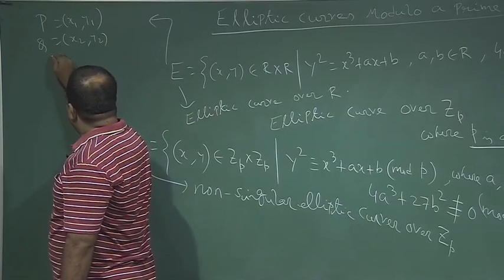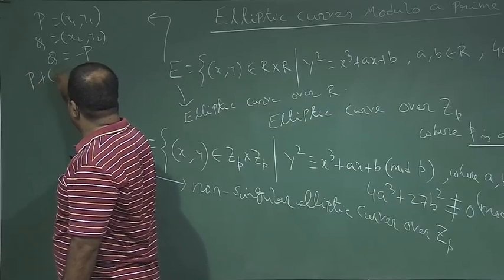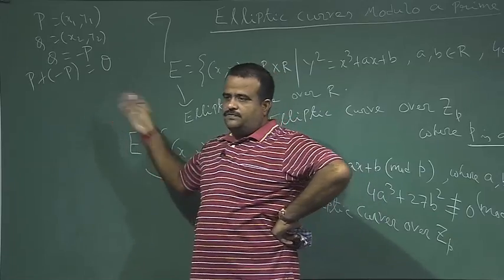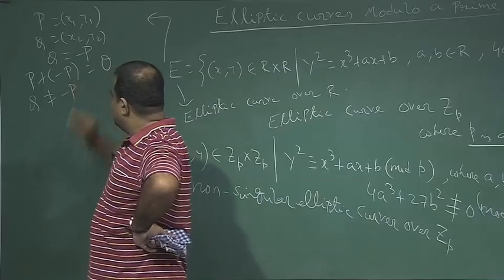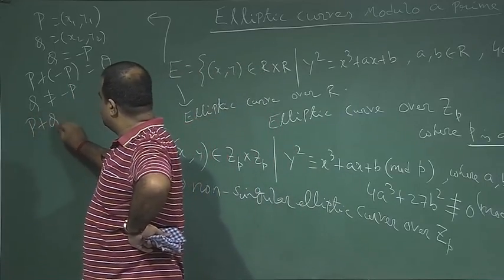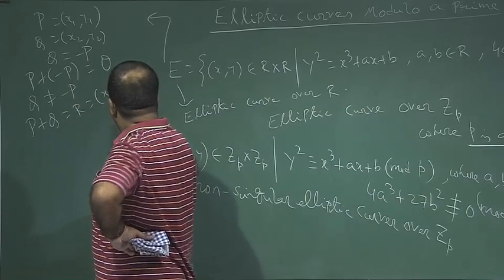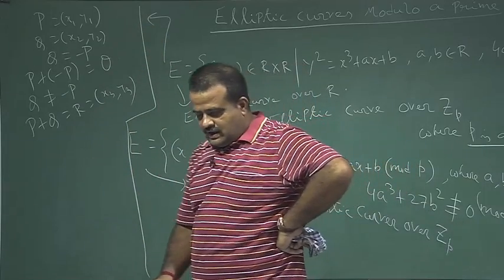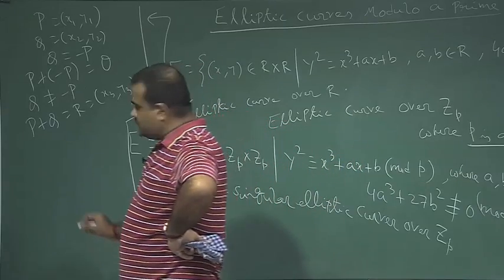Okay, and if Q is equal to minus P, we know that P plus minus P is the point at infinity, and if Q is not equal to minus P, then we know that P plus Q is equal to R, which is (x3, y3), and we have the formula for x3, y3 like this.